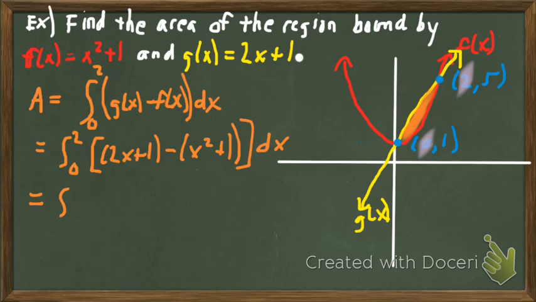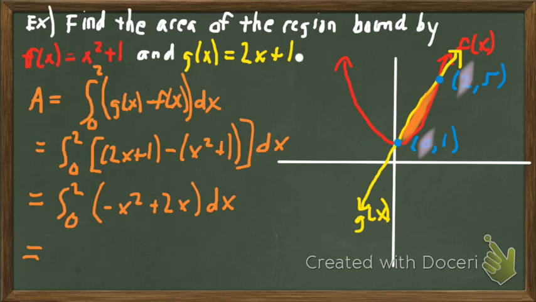And I prefer to go ahead and actually do the subtraction with those functions. If we do that, we're going to have the integral of negative x squared plus 2x dx.